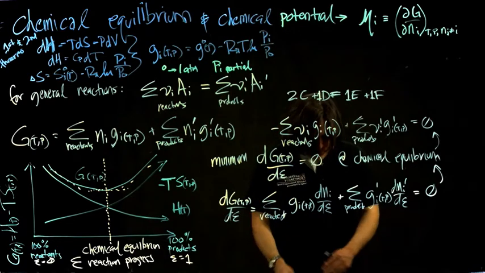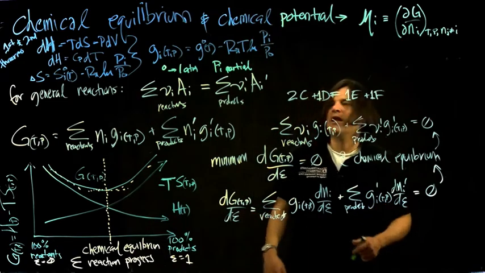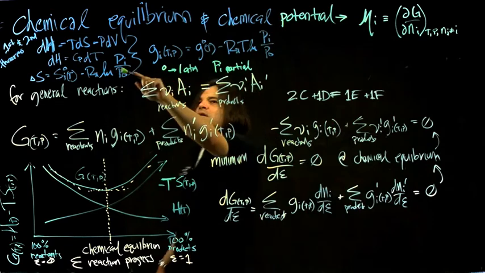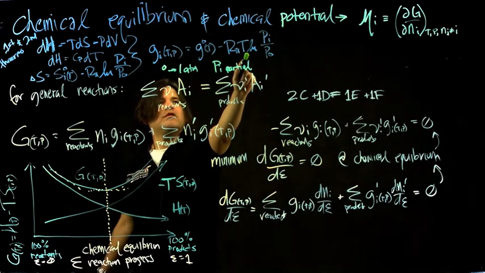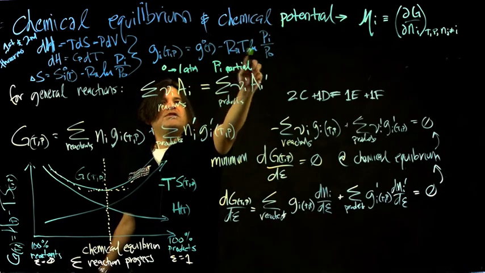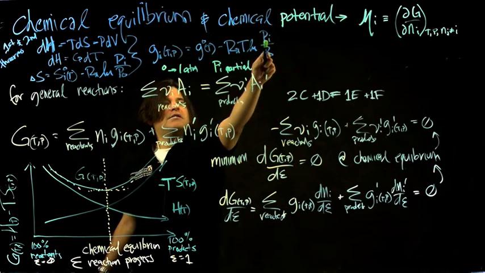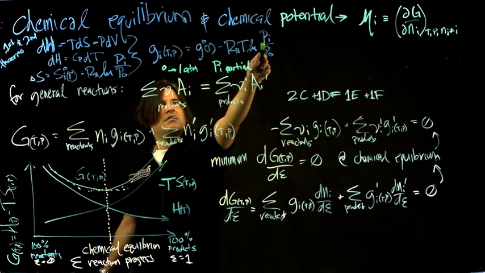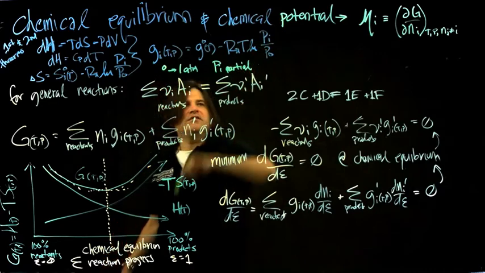And then, by skipping some steps to show where this pressure correction comes from: if it's a mixture, if we're talking about each component, it depends upon the partial pressure of the component, like the concentration of that component.